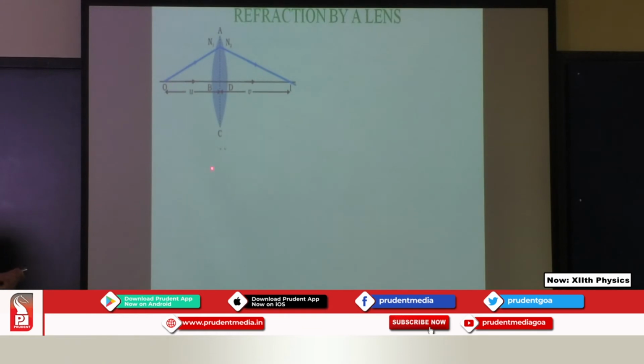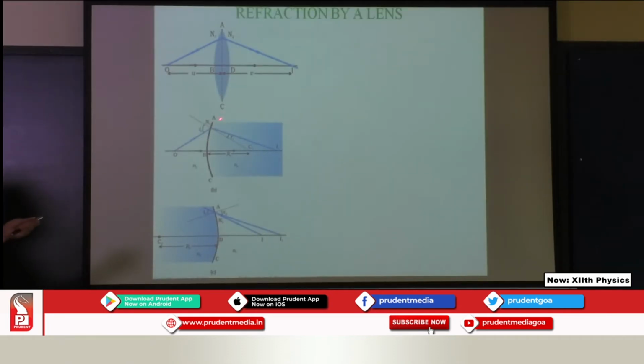So, this particular image formation is seen in two steps, that is first refraction through the refracting surface ABC and then refraction through the refracting surface ADC. So, let us see how it is. Very simple ray diagram, students, so just concentrate over here.